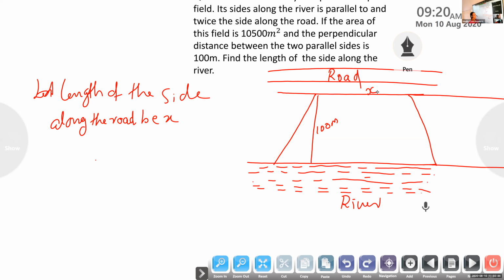We will take it as x. Then Anugrah, what will be the length of the side along the river? We are taking the length of the side along the road be x. We are choosing that way. So what will be the length of the side along the river?